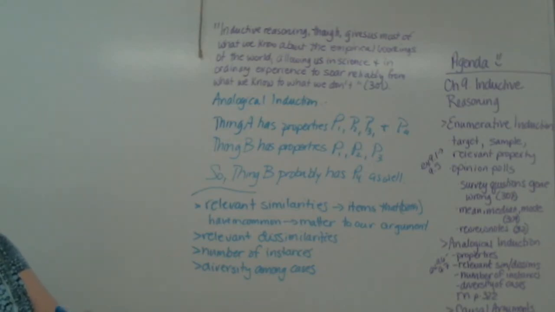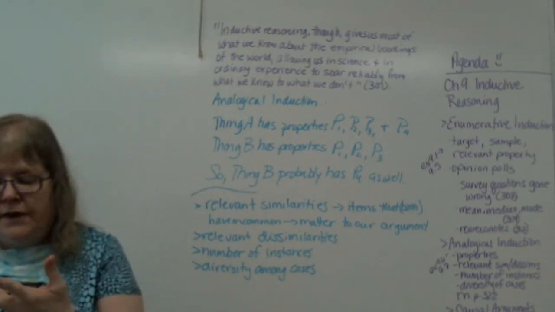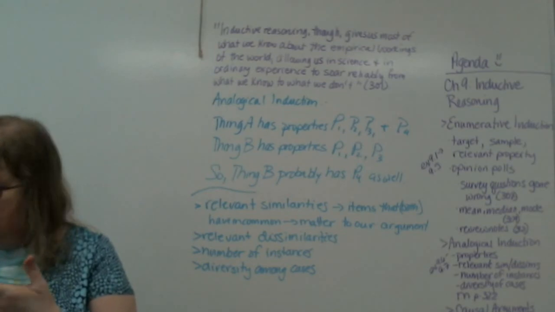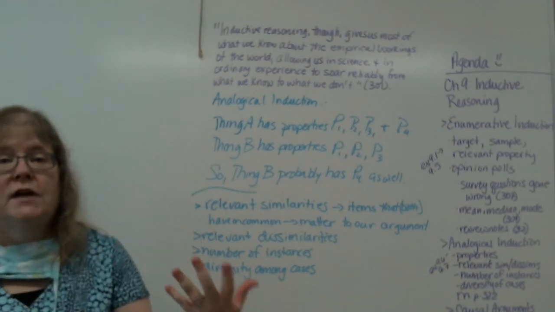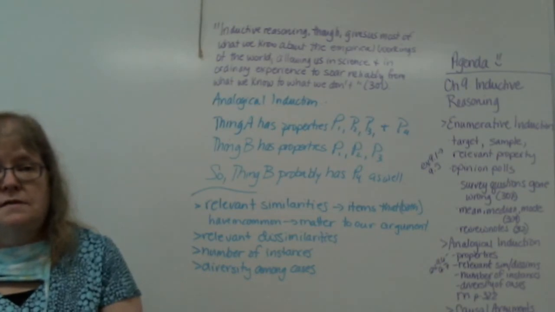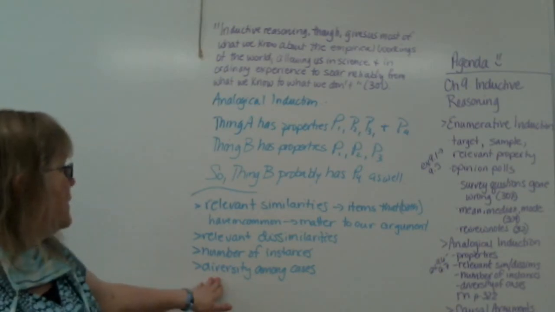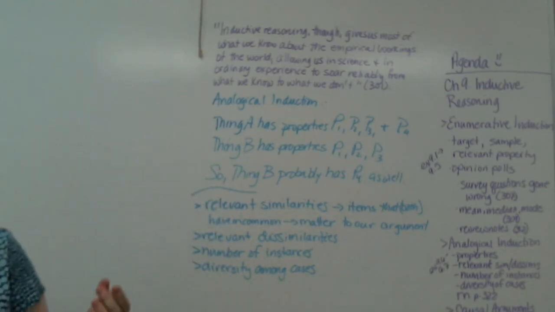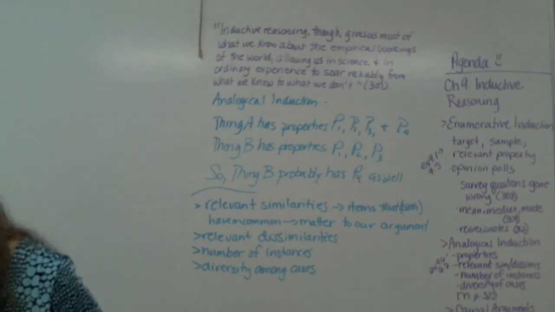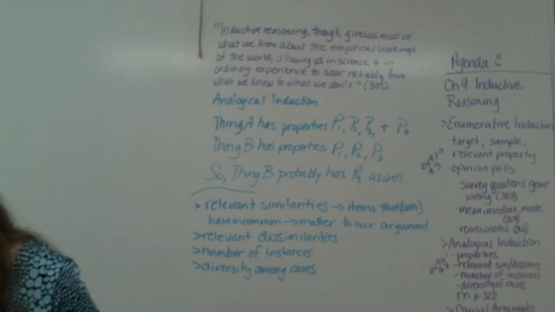But I have a bovine, I have a canine, I have a feline, and I have them from different classes of species. Woohoo! I have better diversity, better chance that thing B has a prehensile tail. At the bottom of 322, you have Analogical Induction review notes. Okay, 322.